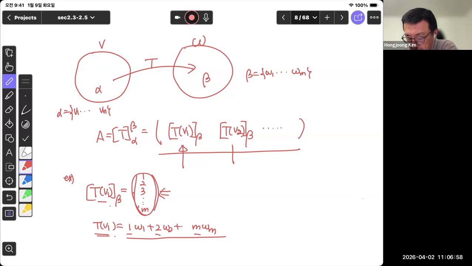And if this is the coordinate for T of V1, then that is the first column of this A matrix, right?